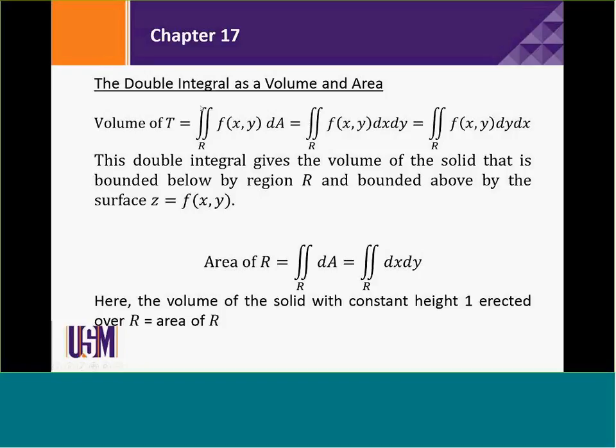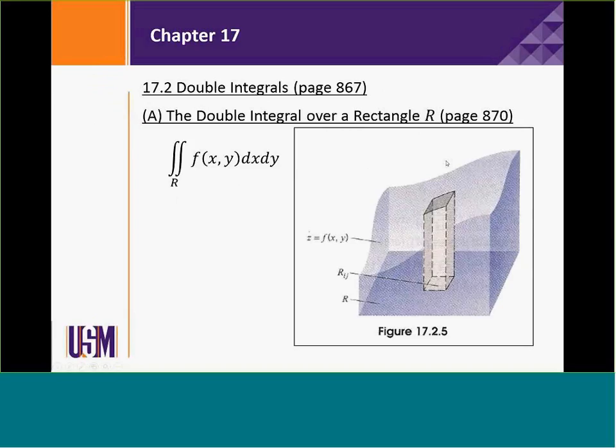This is the function over the region R. So from the graph, this is the f(x,y), bounded by the region R. You are actually finding the volume of this solid, which is like a rectangle, like a cuboid, but the top is covered by the f(x,y).